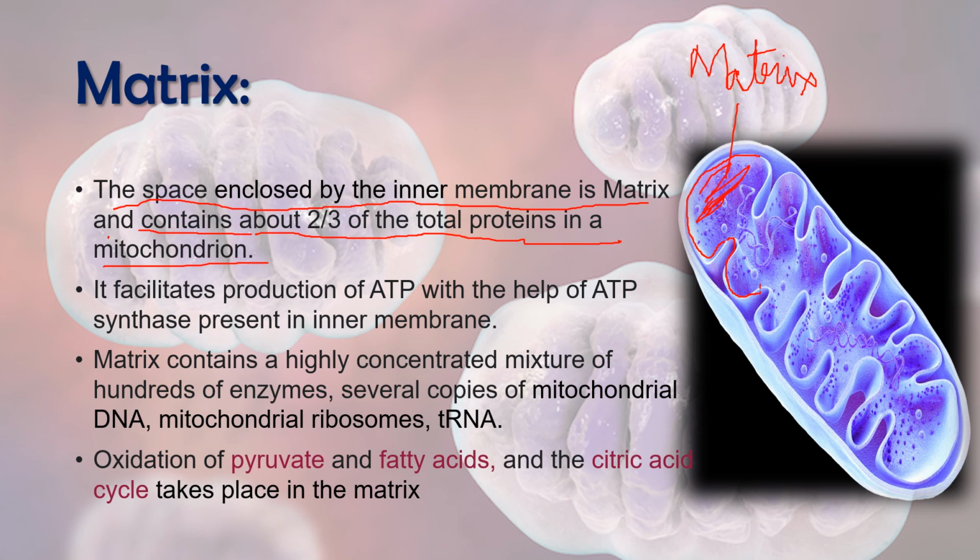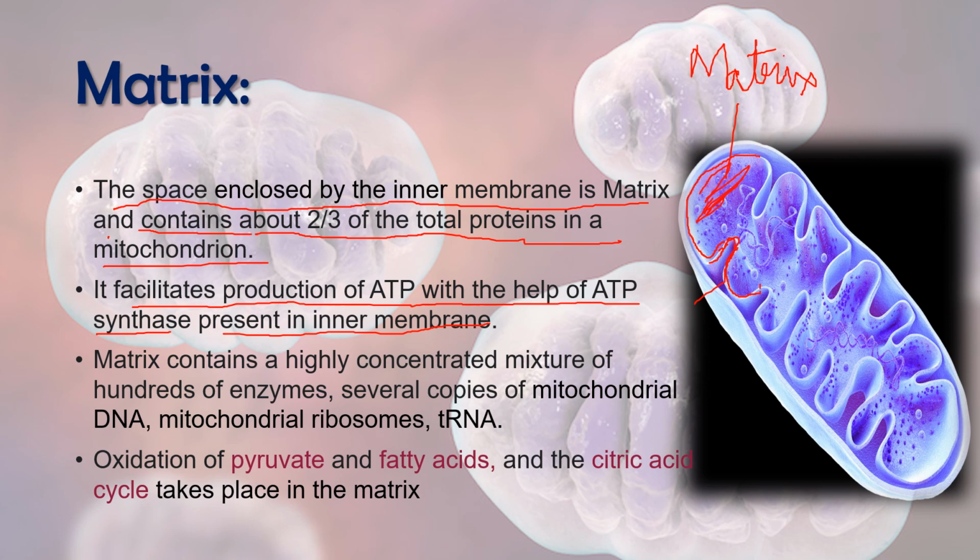Basically, it facilitates production of ATP with the help of ATP synthase that is present in the inner membrane. So we know that in the cristae and in the inner mitochondrial membrane we have ATP synthase, which helps in the production of ATP.